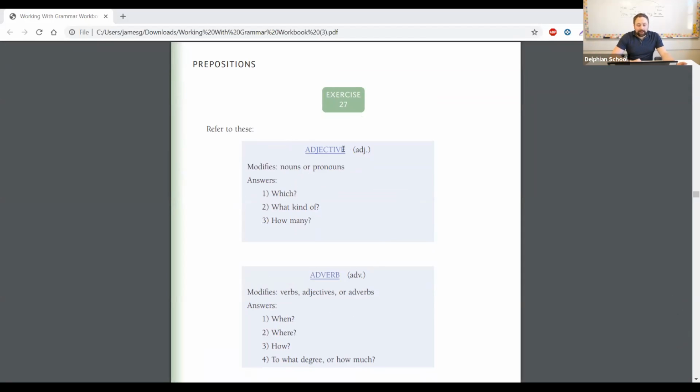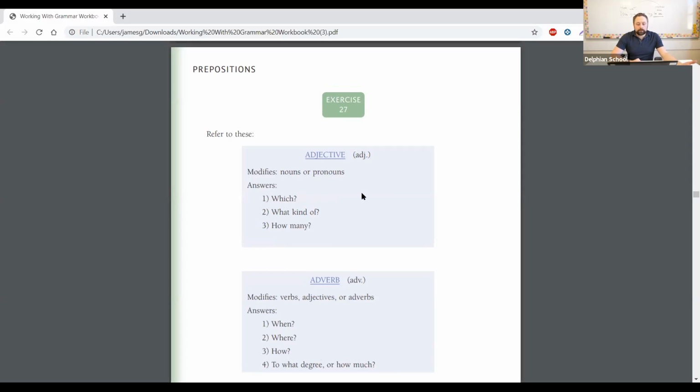Remember that an adjective modifies nouns or pronouns, and an adverb modifies verbs, adjectives, or other adverbs. The adjective answers which one, what kind of, or how many, because it's talking about nouns and pronouns. The adverb tells you when, where, how, to what degree, or how much, because it's modifying verbs and other modifiers.